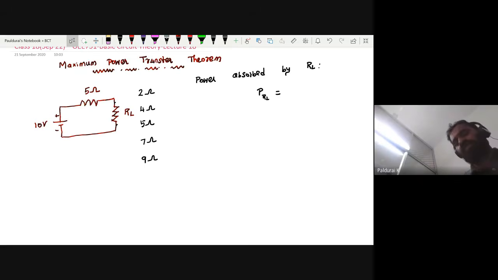We have three different formulas. P equals V times I, if you know the voltage and the current, or V squared by R, if you know the voltage and the resistance, or I squared R, if you know the current and the resistance. Which one will we follow? Can I take the third one? So this time, I want to take the formula for RL equal to I squared R.